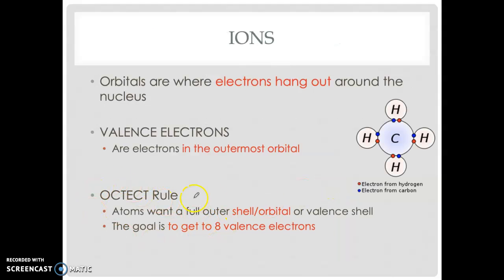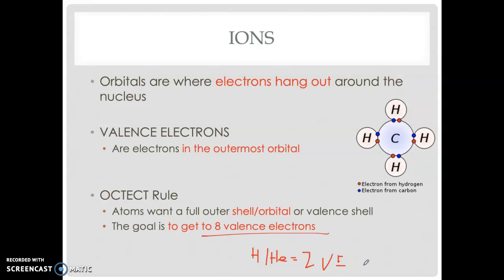So the octet rule is, except for hydrogen and helium, all atoms want a full outer shell, or orbital, or valence shell. The goal is to get to 8, except for hydrogen and helium. They only want how many? First row, they only want 2 valence electrons. You'll see me use VE as the abbreviation here.